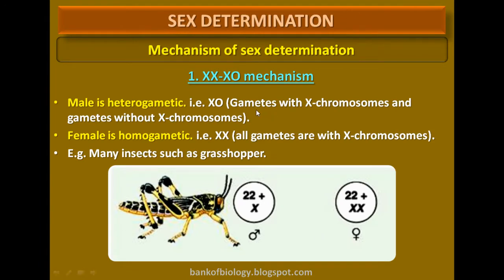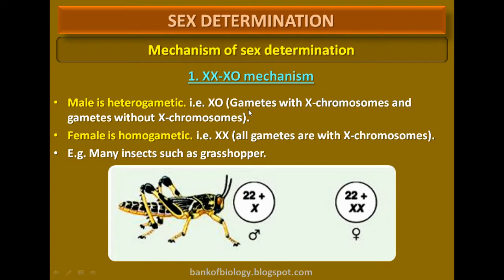The first mechanism is the XX and XO mechanism. Male is heterogametic. Here, in XO, there are gametes with an X chromosome and gametes without an X chromosome. Hetero means two types or different types of gametes are formed.